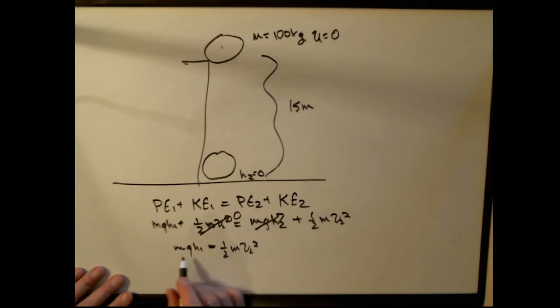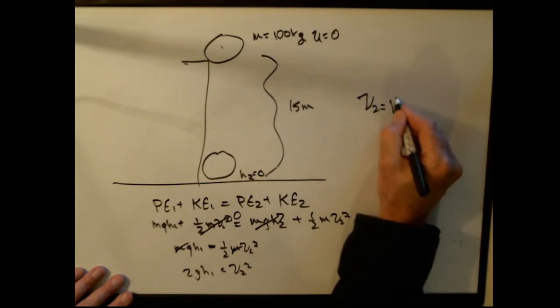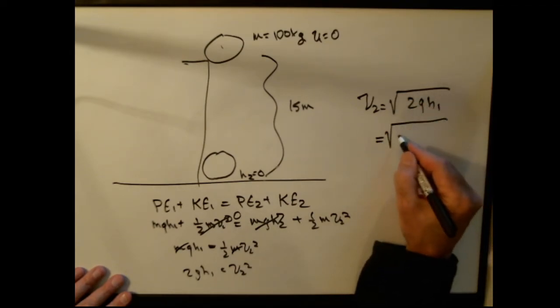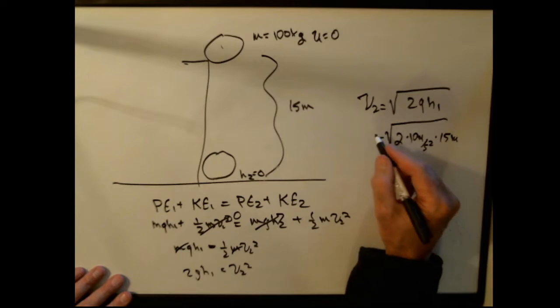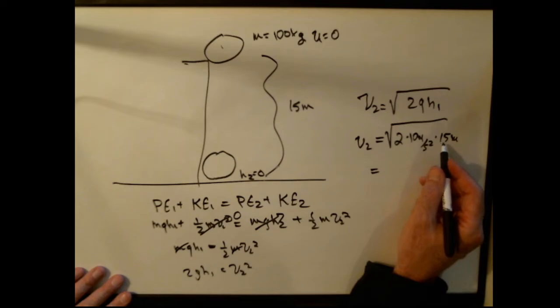Now, if I wanted to, I could calculate what the potential energy is beforehand. In fact, I had 15,000 joules, but I could also do just a tiny bit of algebra here, and I can cancel the m's. Multiply both sides by 2, and I get 2gh1 is equal to v2 squared, or v2 is the square root of 2gh1, which is the square root of 2 times 10 meters per second squared times 15 meters. 2 times 10 is 20, times 15 is 300.